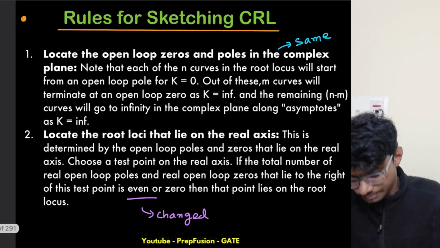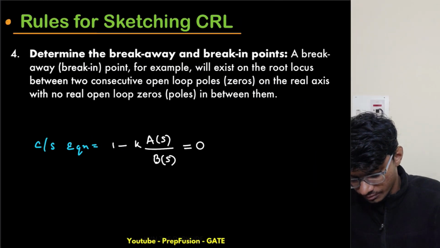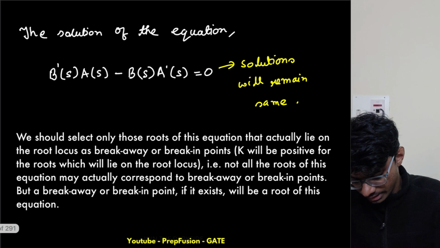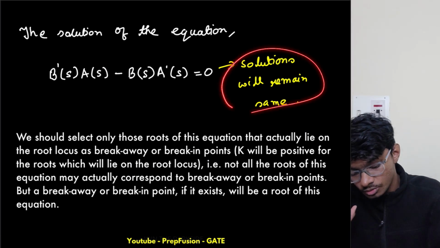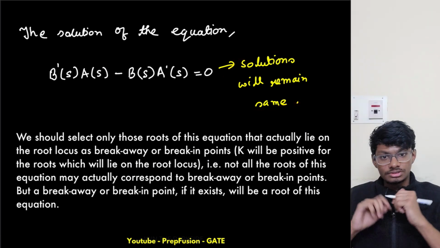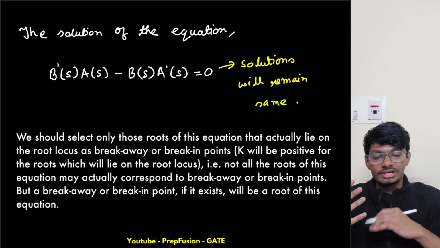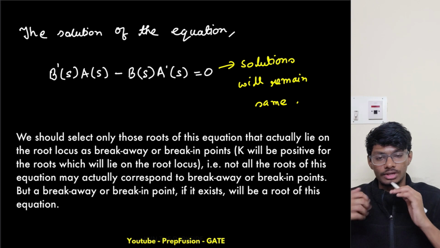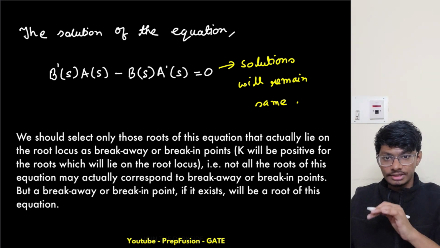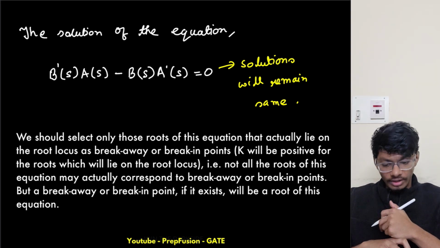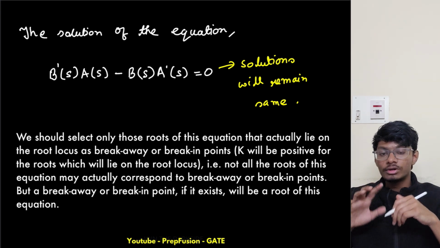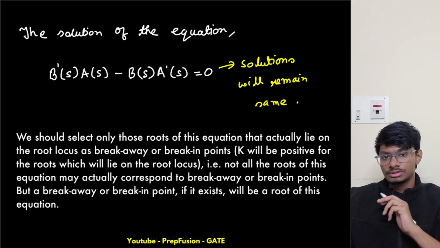Now let's come back to where we were. Here the solutions will remain the same, but the valid test points will change. Whatever the valid test points were, here they won't be, because the value of K won't come positive for the previous valid points.